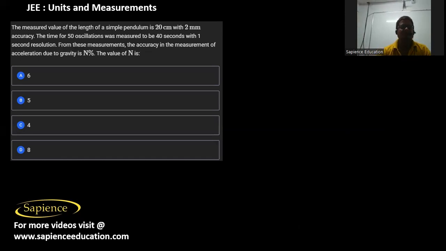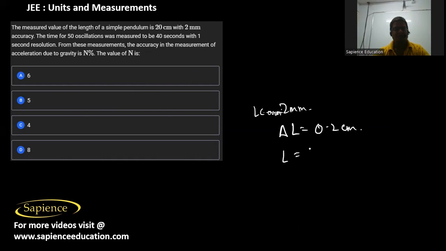Then here it is told the measured value of the length of a simple pendulum is 20 centimeter with 2 millimeter accuracy. So 2 millimeter is the least count error in the length. So it means this one is delta L. Delta L is 0.2 centimeter and the length measured value is 20 centimeter.